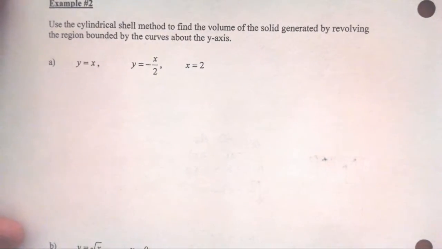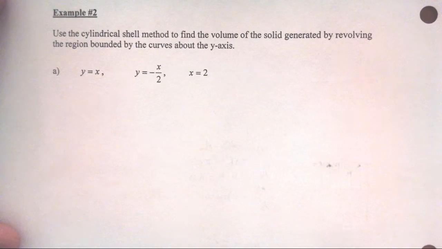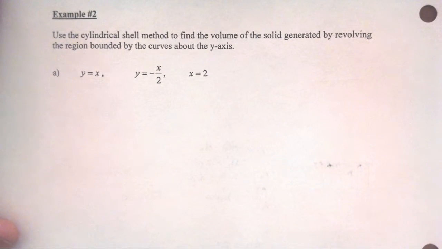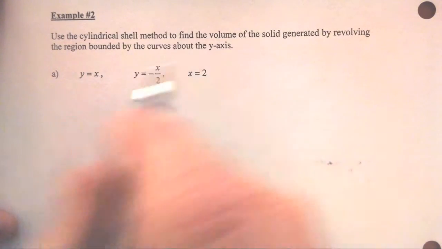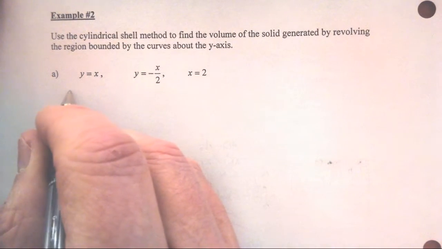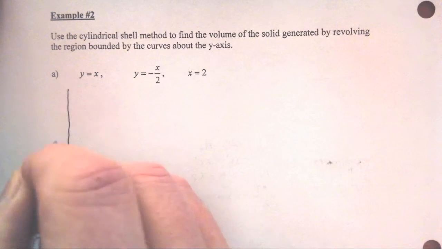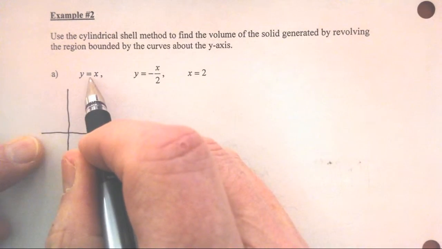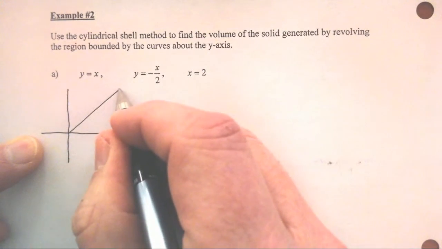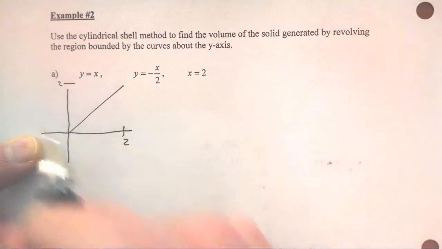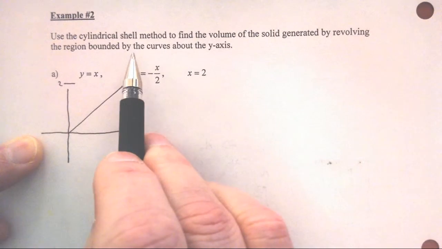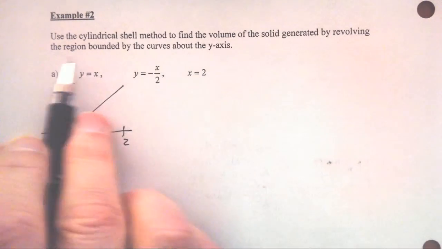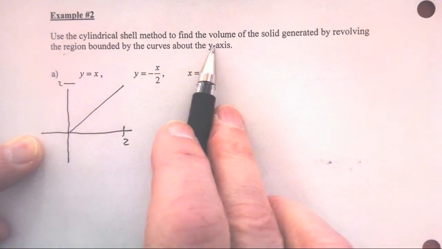Okay, use the cylindrical shell method to find the volume of the solid generated by the region bound by the curves about the y-axis. So we're going to go about the y-axis. We have curves. We're only going to x equals 2. Y equals x would look like this.